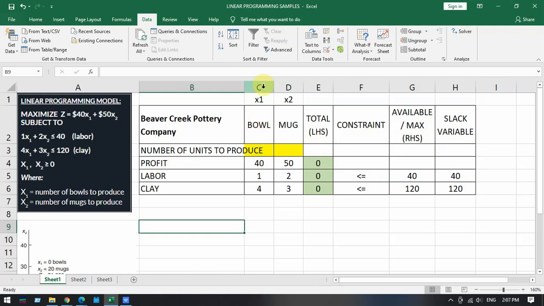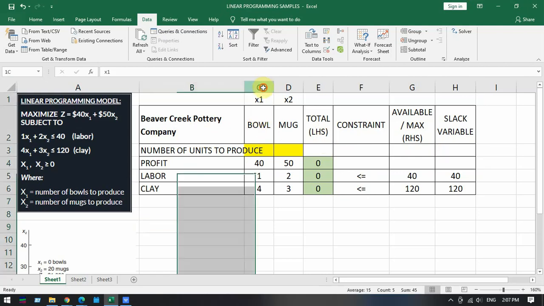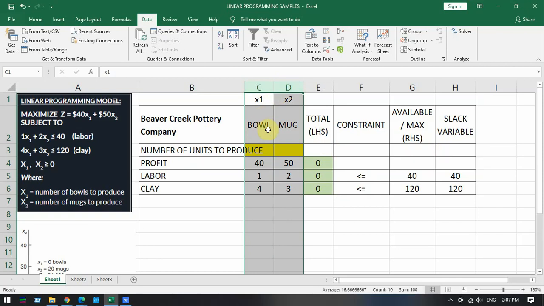So here we have to have the columns for our variables. In this case, we have x1 and x2, which represent bowl and mug. And then we have our total column for the total usage of our resources. And this also includes our total profit here.